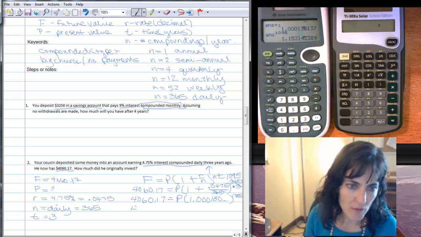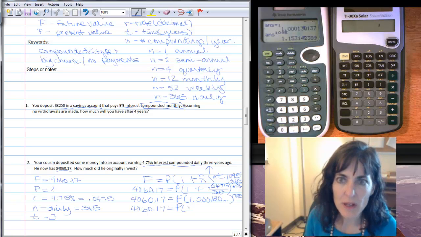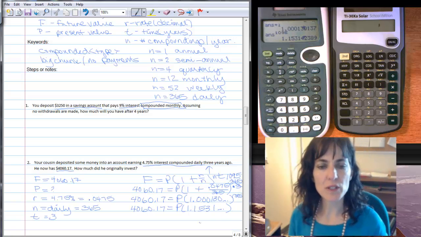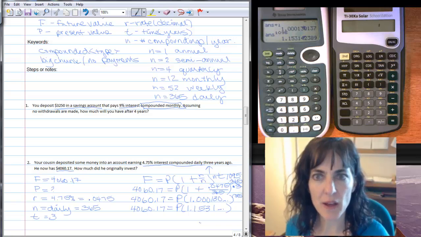And so now I have 4060.17 equals P times the quantity 1.1531, and it goes on. And now I want to divide both sides by that 1.15, and remember that's the same as multiplying by the inverse.